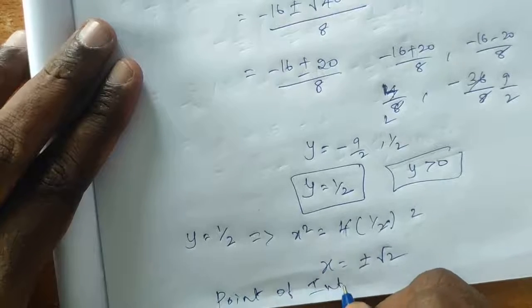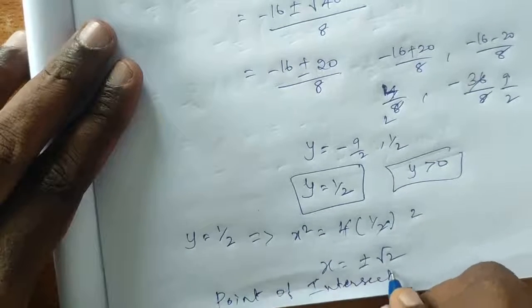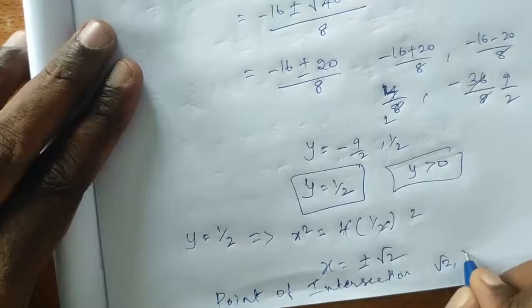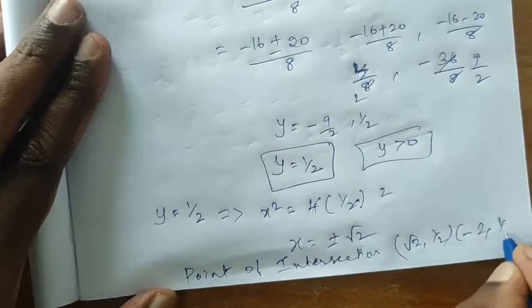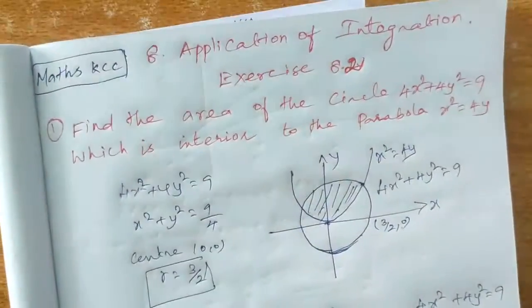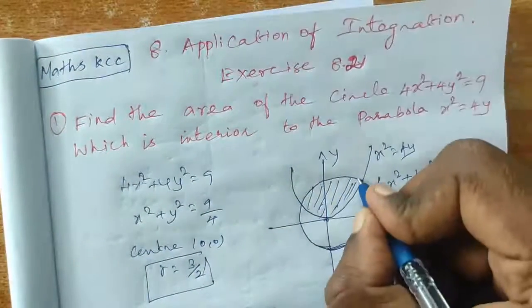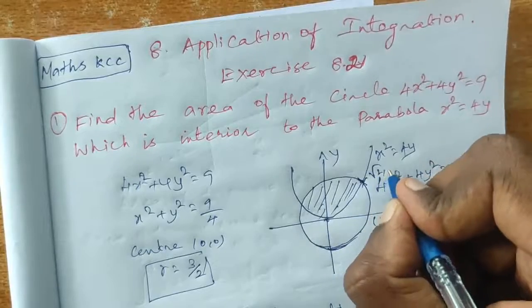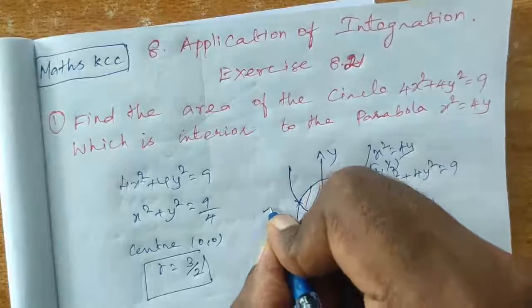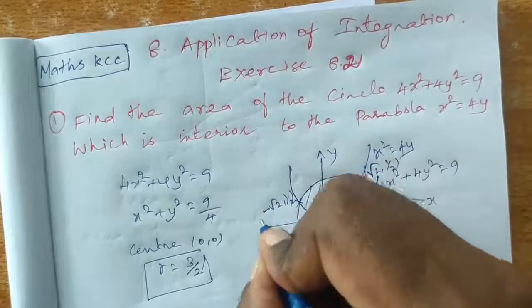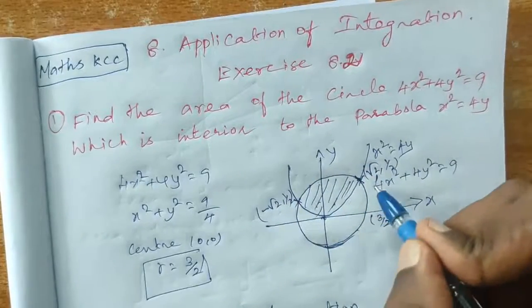So root 2 comma 1 by 2 and minus root 2 comma 1 by 2 are the points of intersection of circle and parabola.